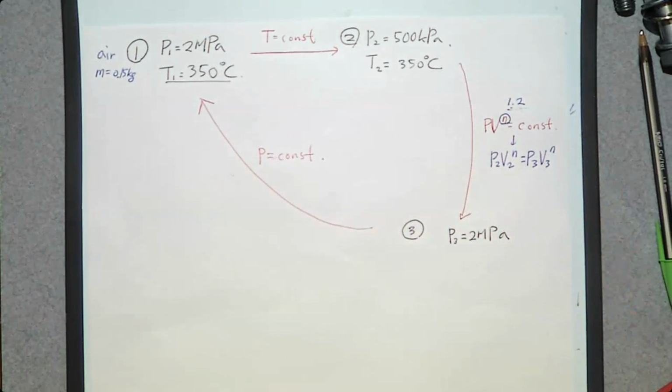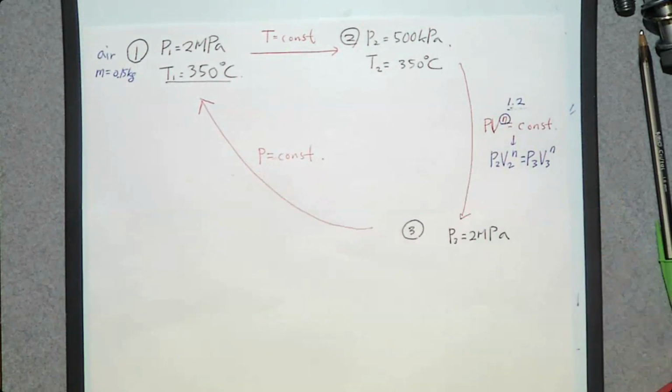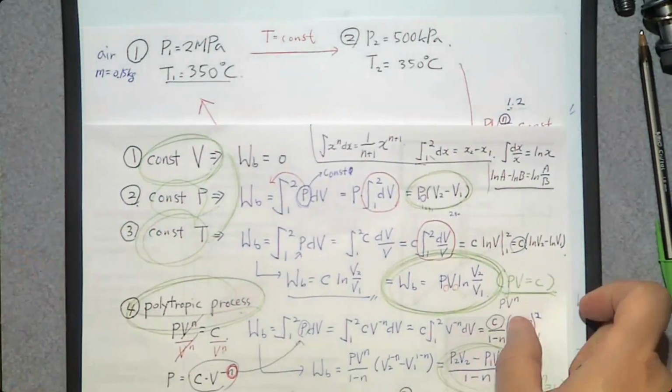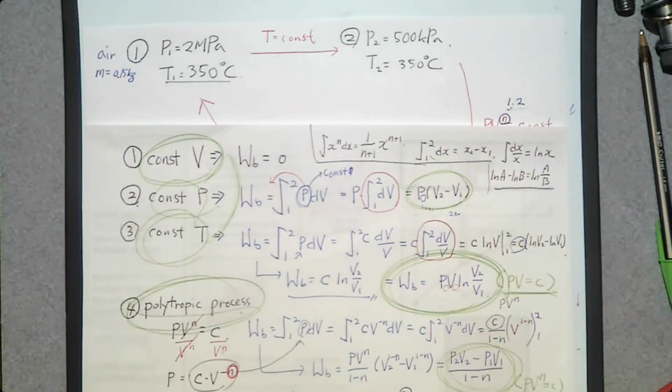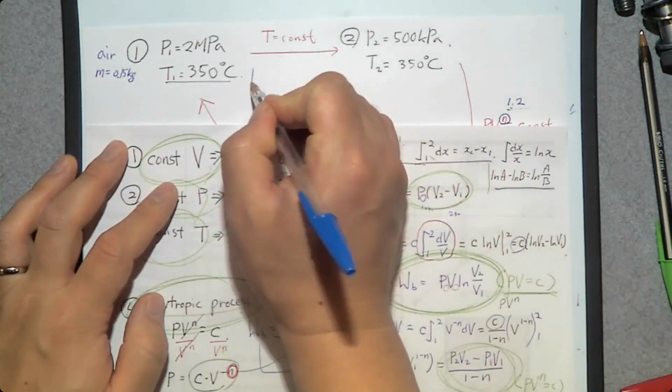So how can we do that? The first process is a constant temperature process. How do we determine the moving boundary work of a constant temperature process? This equation: WB is PV natural log V2 over V1. So I'm going to write this equation here.